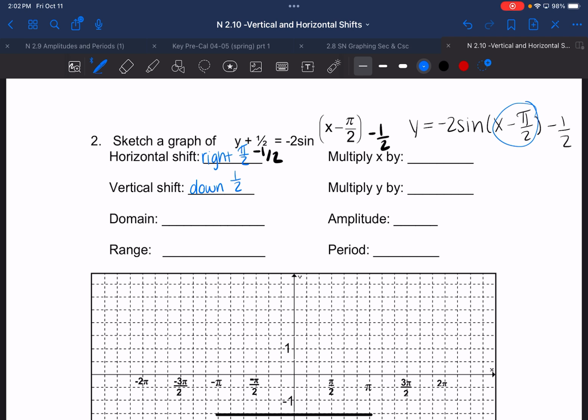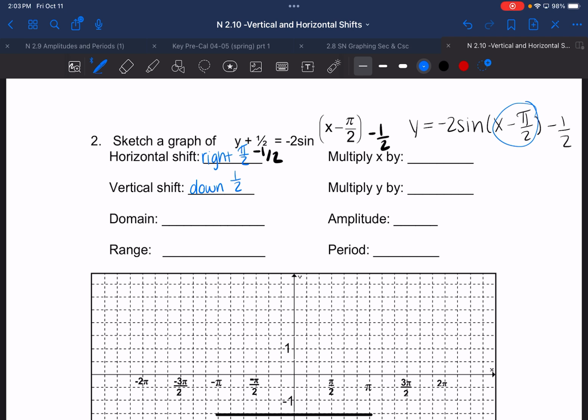And what am I supposed to be multiplying my x by? Remember, we normally divide by b. We multiply by the reciprocal, right? So what do we normally divide our x's by?